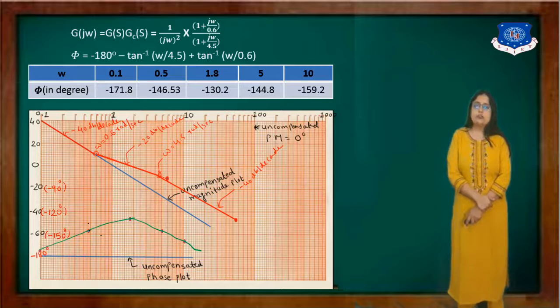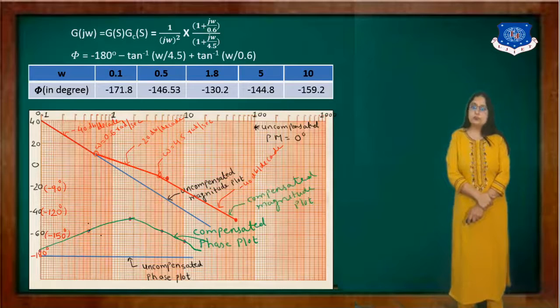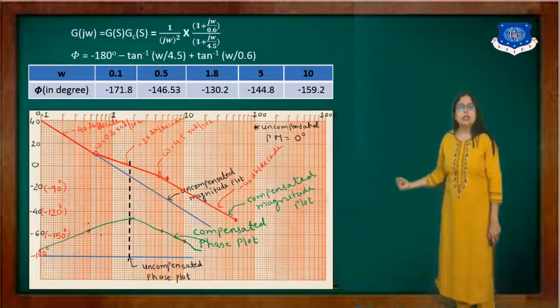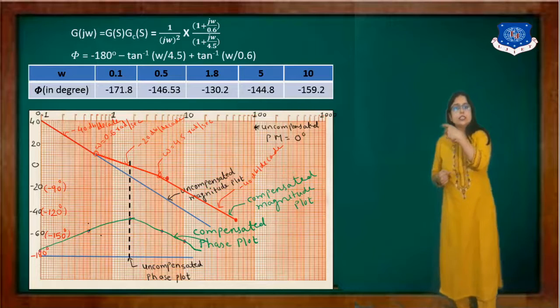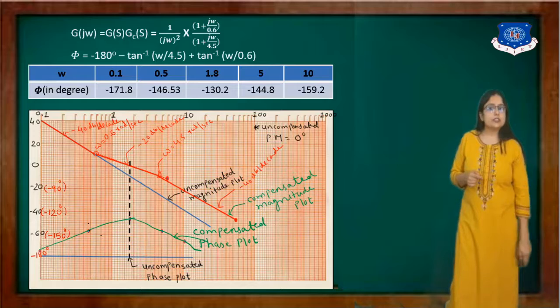Now you have to find out the phase margin of the compensated phase plot. So for that you have to check your magnitude plot. Whenever your magnitude plot intersects the 0 dB line, that point you have to extend like this, till the minus 180 degree. And whatever the distance between your phase plot and minus 180 degree, that becomes your phase margin of the compensated system.